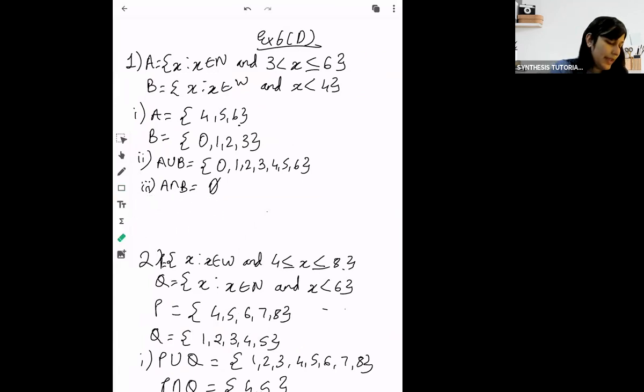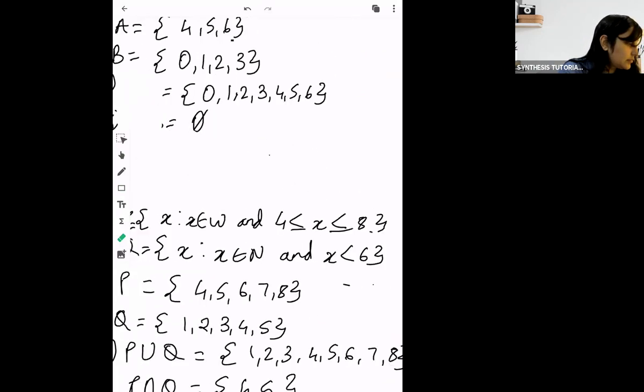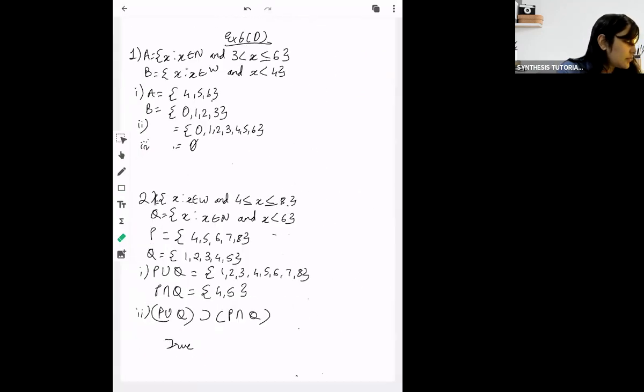So what will be A union B? I'd much rather have you write it like this. So A union B and this will be A intersection B. So A union B will be what? 0, 1, 2, 3, 4, 5, 6.